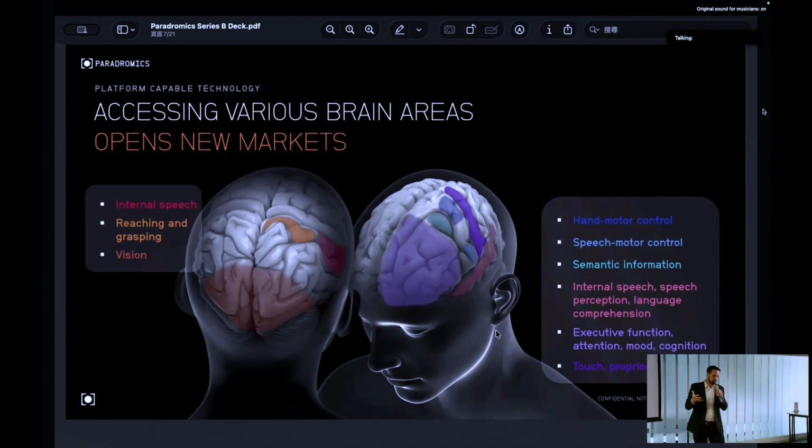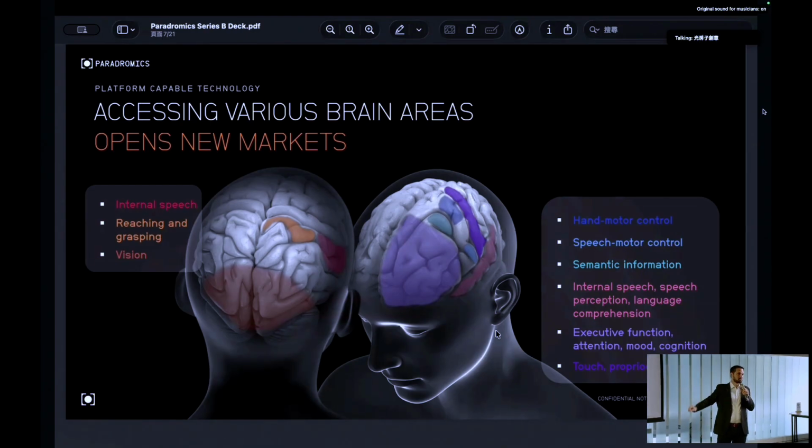Now, some of those same people who have devices in these executive functioning areas can be enrolled in secondary trials. They can volunteer to do things, like math problems, while we record from the BCI, or some people are going to have comorbidities, things like attention deficit disorder or mood disorders.